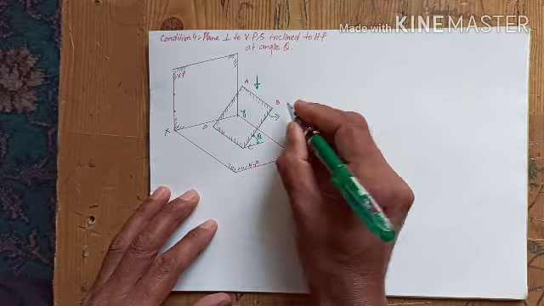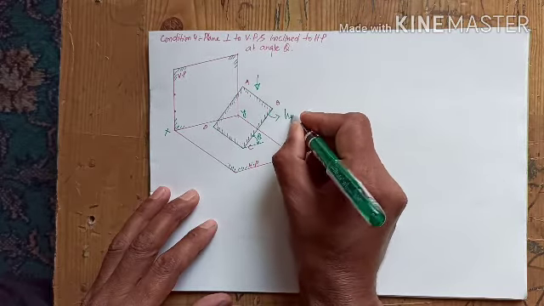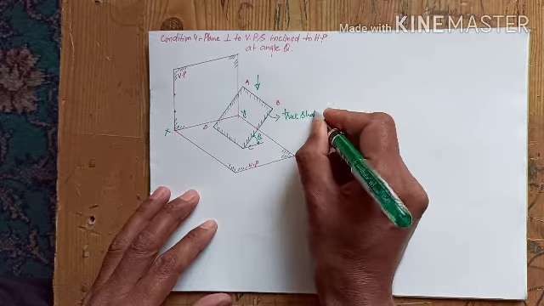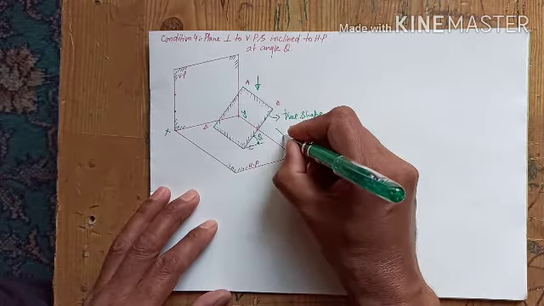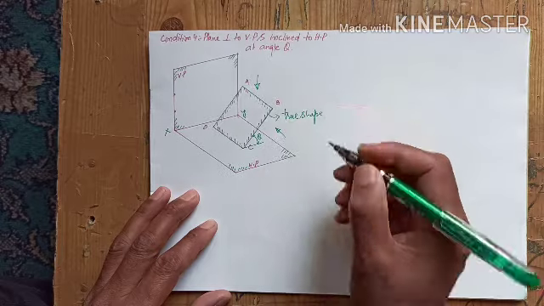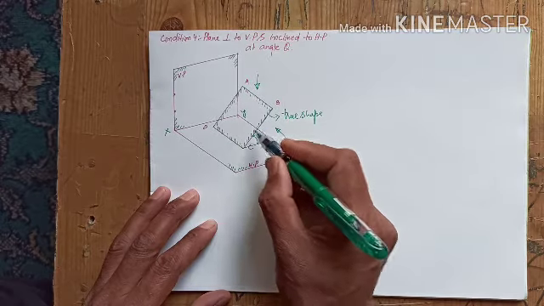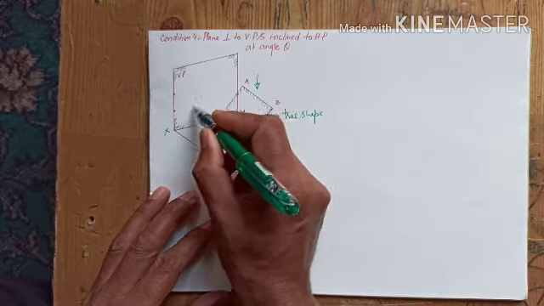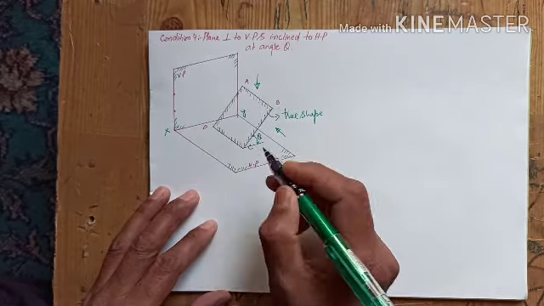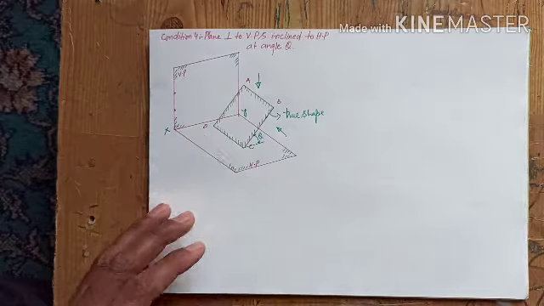Similarly, if we look at the plane from the front, in the front view we can only see a line. That line can be seen on the vertical plane. Fine. So how can we see that line?